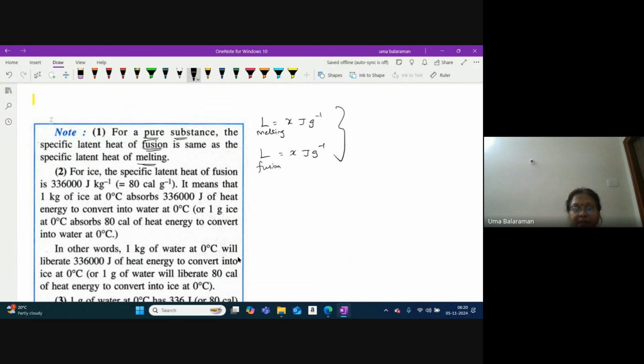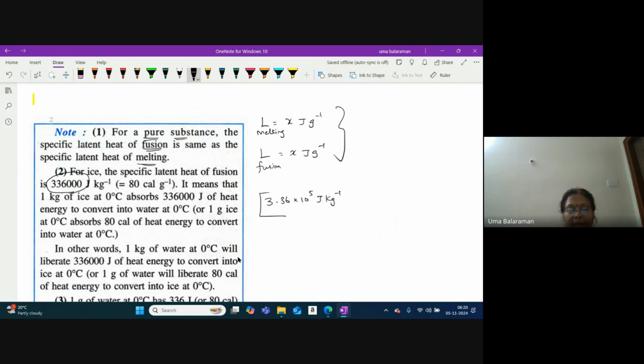So for ice, the specific latent heat of fusion is really more. 3.36 into 10 power 5 joules per kilogram. A lot of energy is needed.